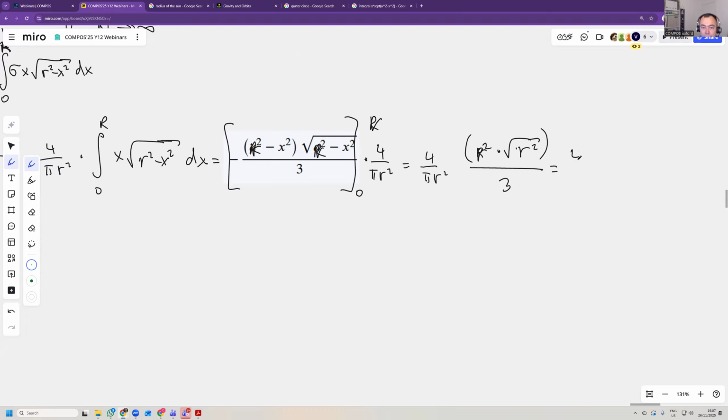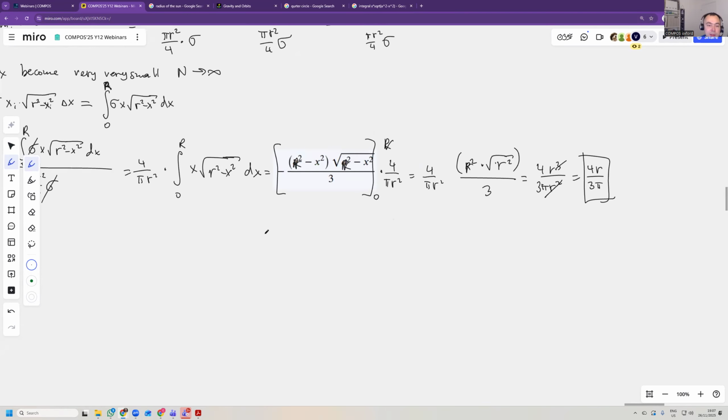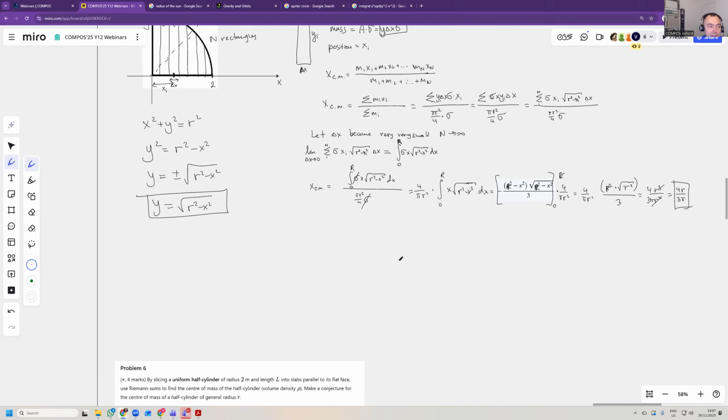So it's 4 r cubed divided by 3 pi r squared. So it's 4r divided by 3 pi. And that's the position of the center of mass.